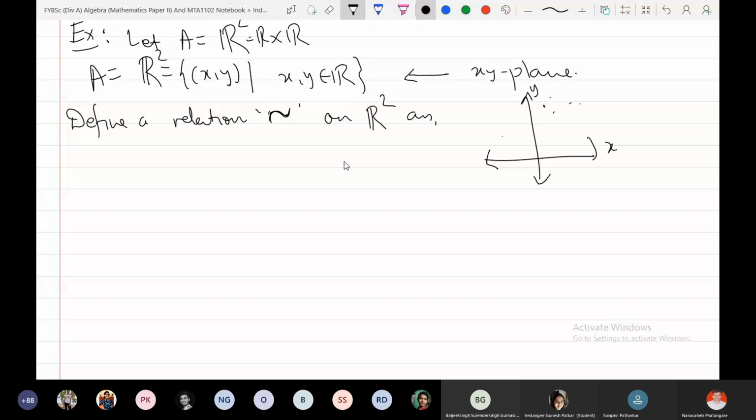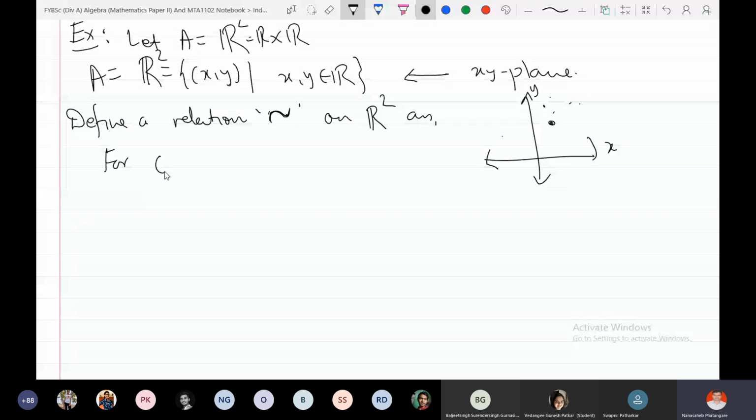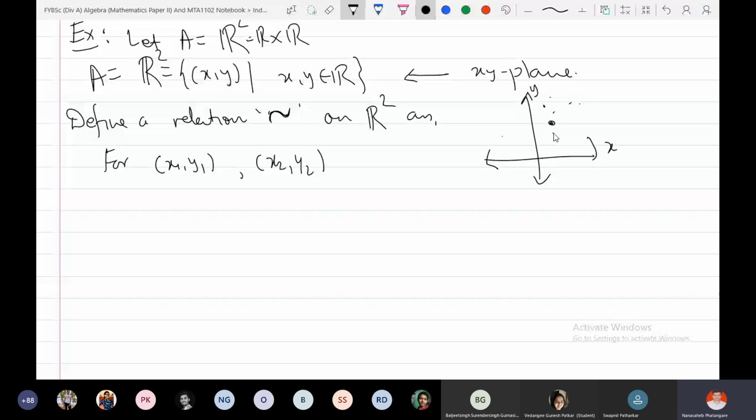So from your previous experience, how should I define the relation? What is the definition of that relation? That is a different story. But first of all, I should take two elements from this. I will take the first element (x1, y1) and (x2, y2). These are two elements from my set, the plane.